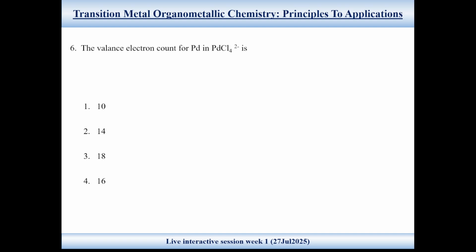So what is the valence electron count for PdCl4 2 minus? Do it in the neutral method and tell me what it will be for the palladium, for the chloride, and for the 2 minus. What will then be the total electron count? So it is 16. Yes. Now tell me how it becomes 16.